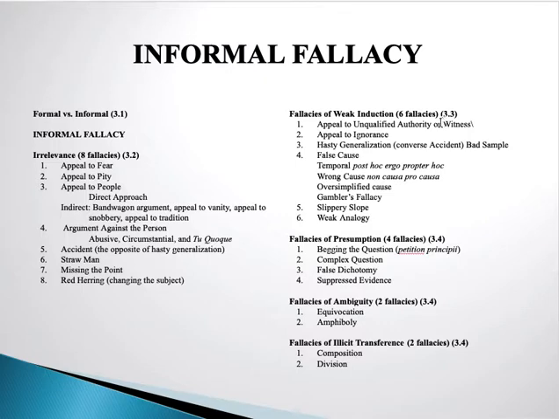There are 6 of these. Then there's the fallacies of presumption. There are 4 of these. The fallacies of ambiguity. There are 2 of these. And then the fallacies of illicit transfers. And there are 2 of these. So in total, there are 22 fallacies.